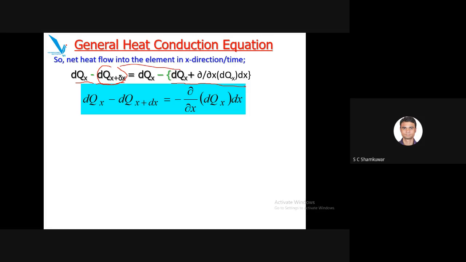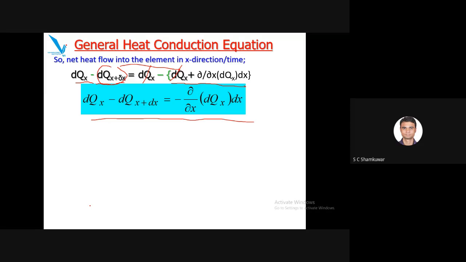This is that value. So, if you again rearrange the things, this will get cancelled, and ultimately minus del by del x of dQx into dx is left.